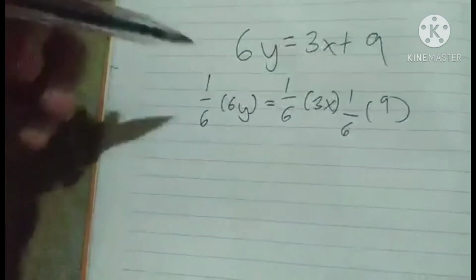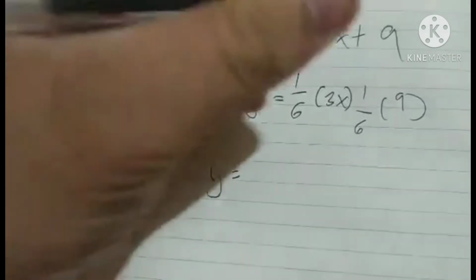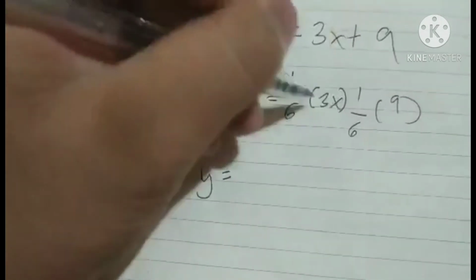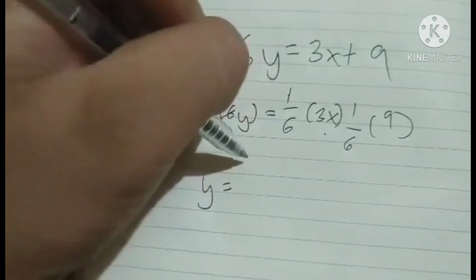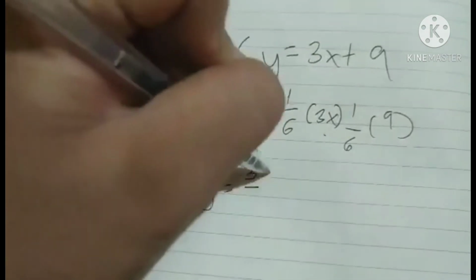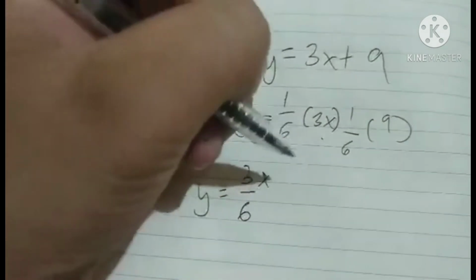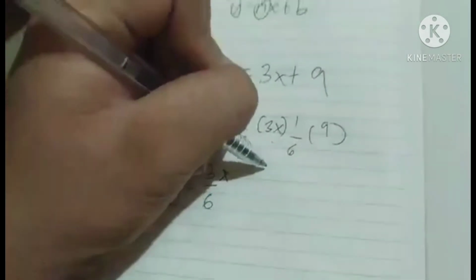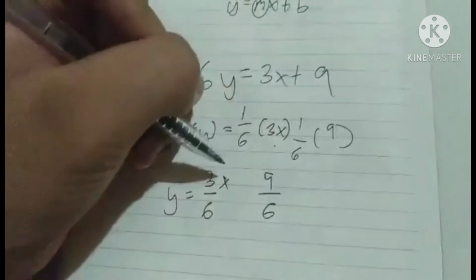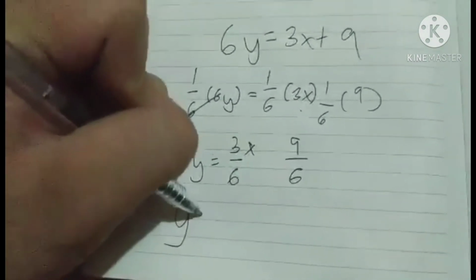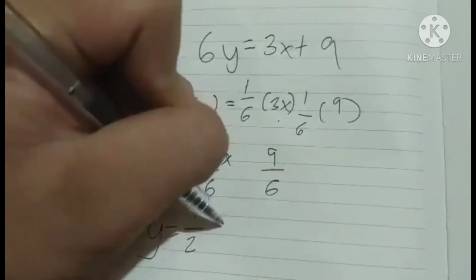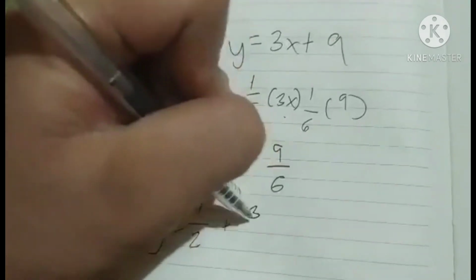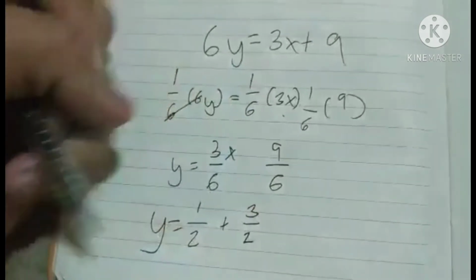To do this, we cancel this, which makes it y, and then 3x times 1/6 would be 3x over 6, and 9 over 6. We can simplify this and make it y is equal to 1/2 x plus 3/2.